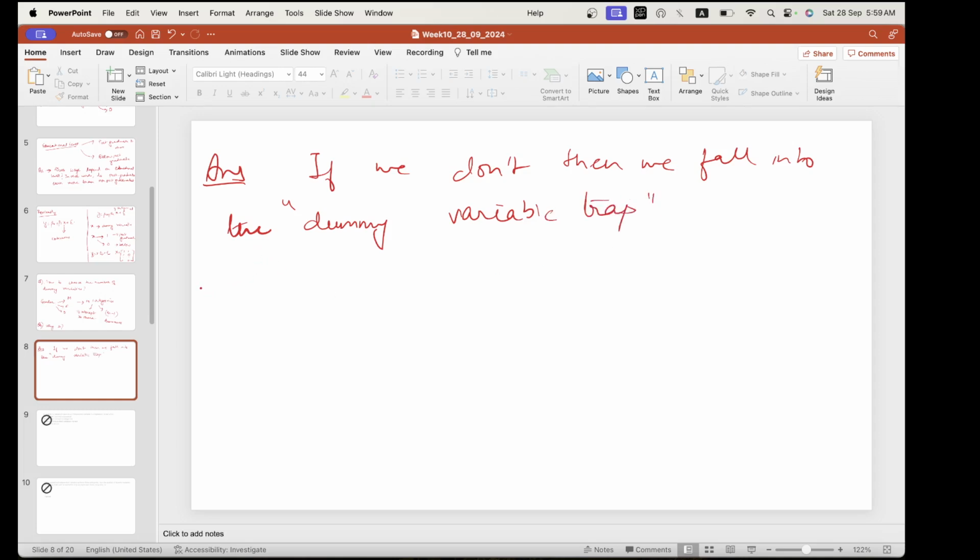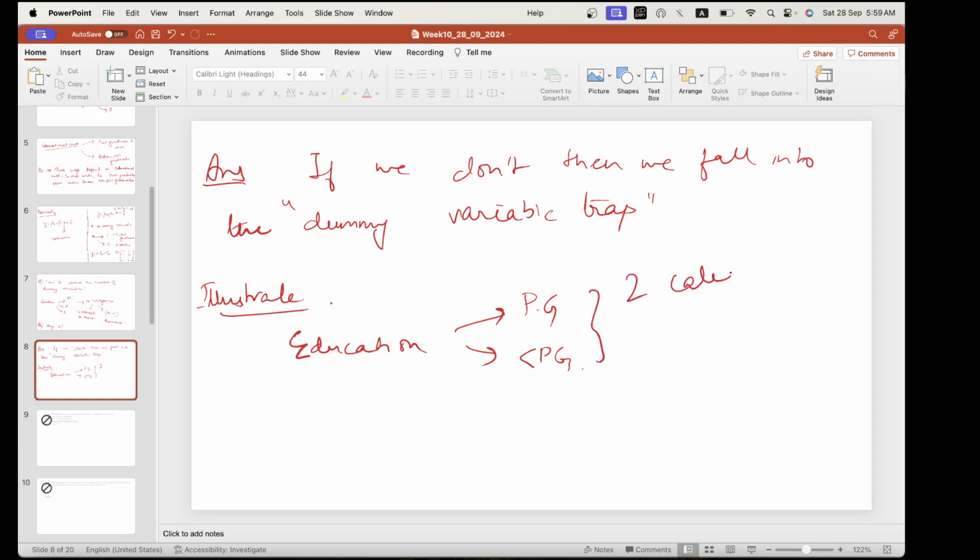Let me just illustrate. In that two category example where we had education as, let's say, postgraduate and then less than postgraduate, we actually had two categories. We used beta naught and then we used one dummy.